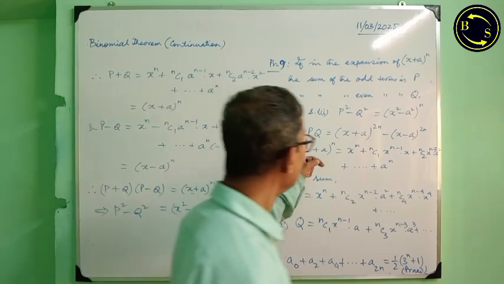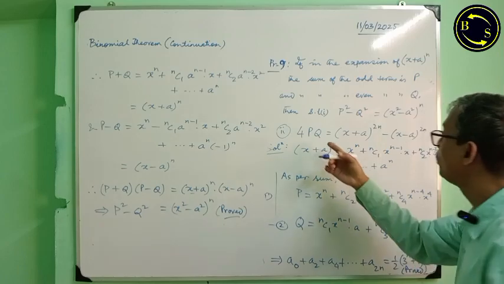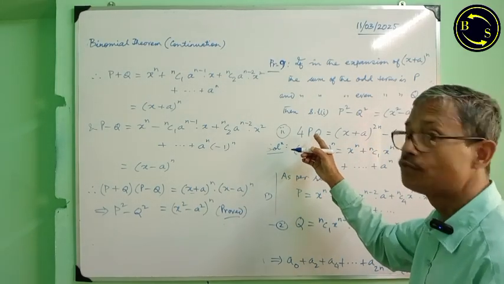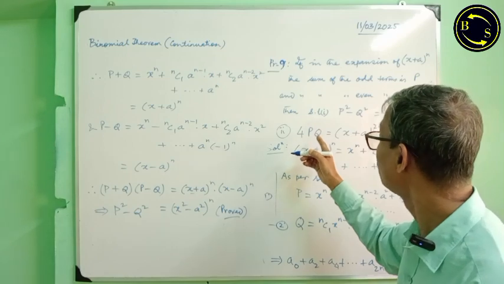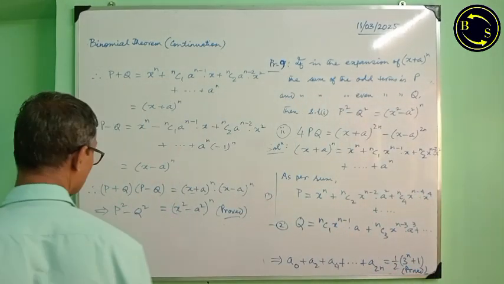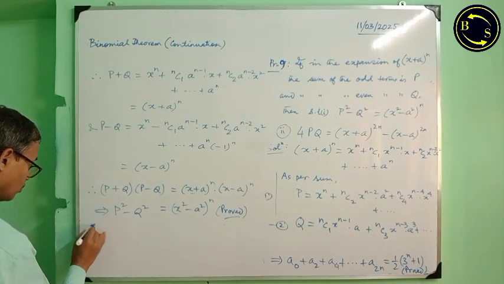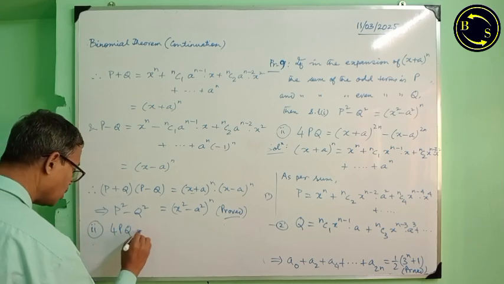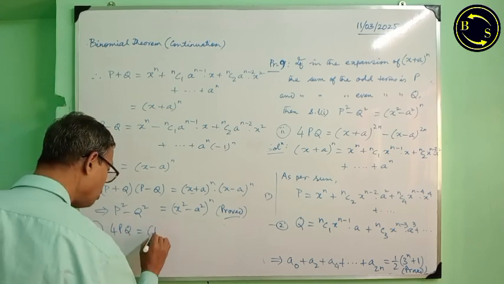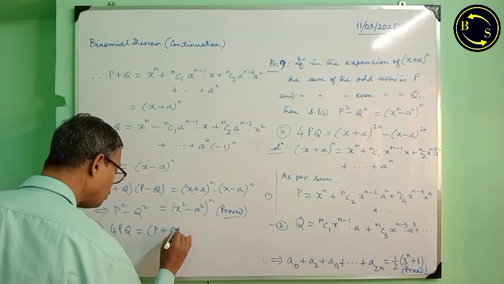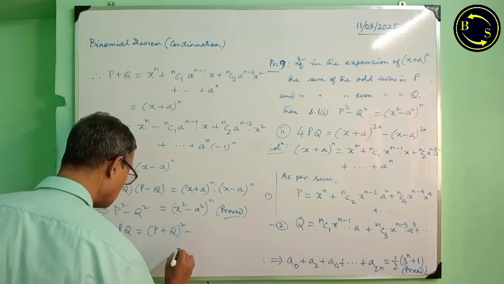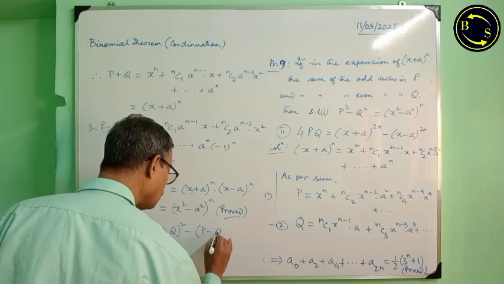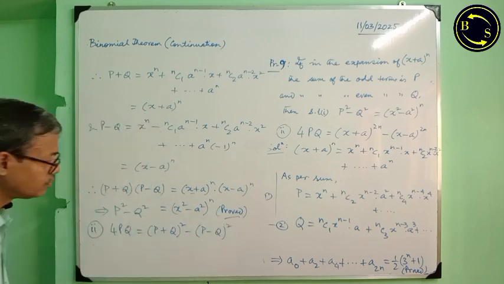Next we have this one, 4pq equal to this one. First of all we write the formula or identity for 4pq. Number 2, 4pq, that is (p plus q) whole square minus (p minus q) whole square.